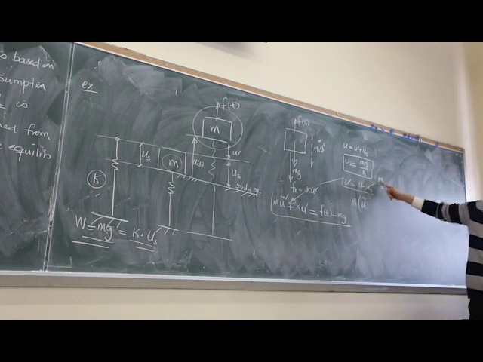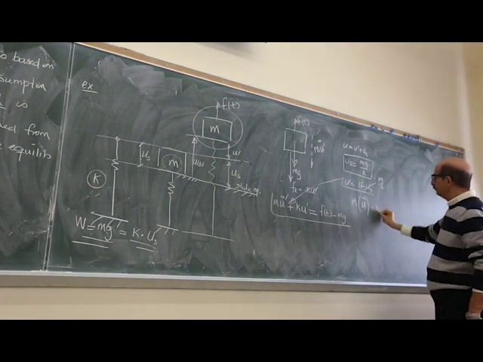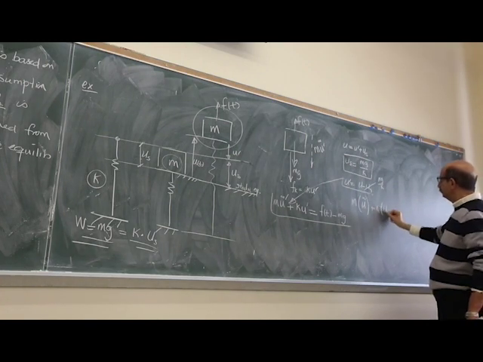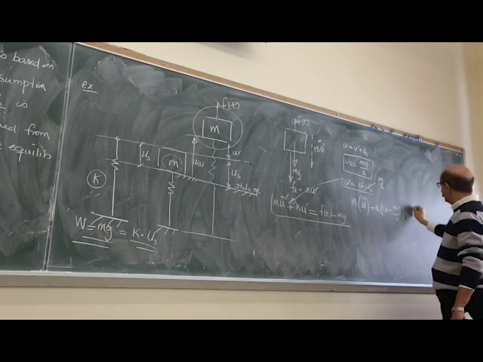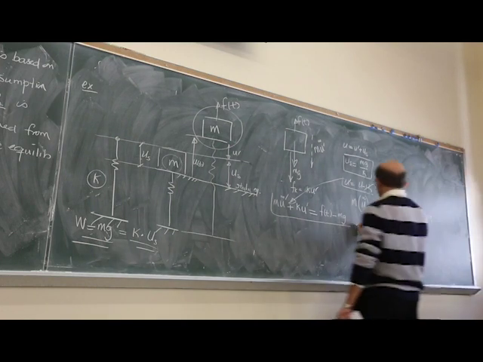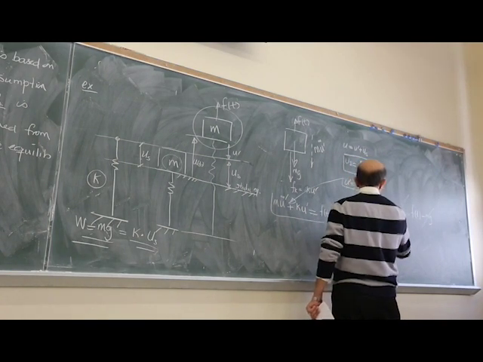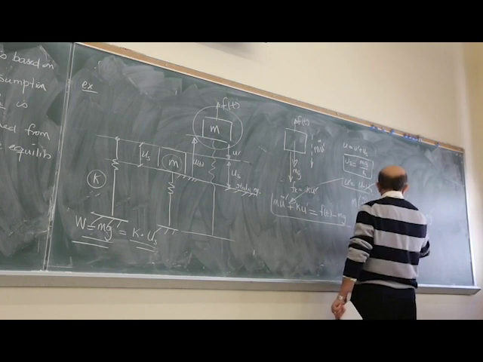This is not a function of time, so its derivative is 0. So you only end up with this, plus k times u minus mg over k, is equal to F of t minus mg. And you can see that then this term and this cancel out. So you will get m u double dot plus k u is equal to F of t.